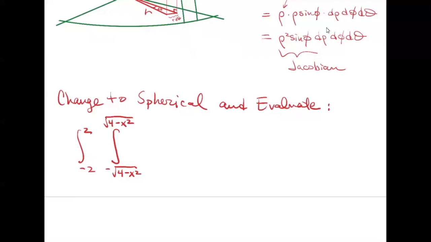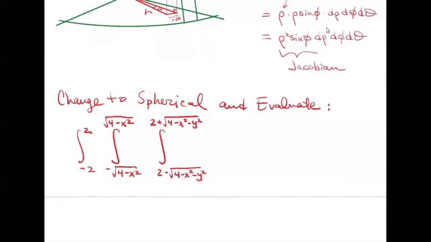And then the next one, the lower limit is 2 minus the square root of 4 minus x squared minus y squared, to 2 plus the square root of 4 minus x squared minus y squared.